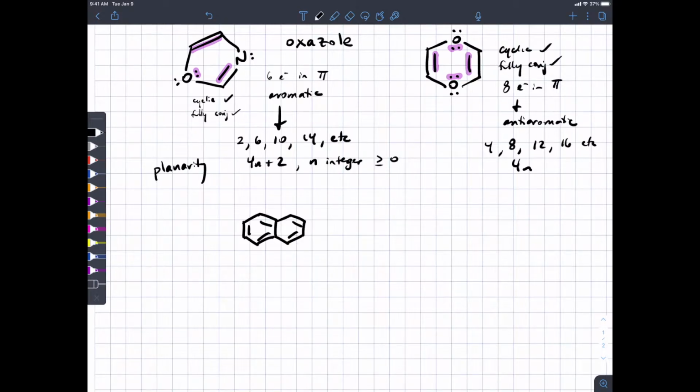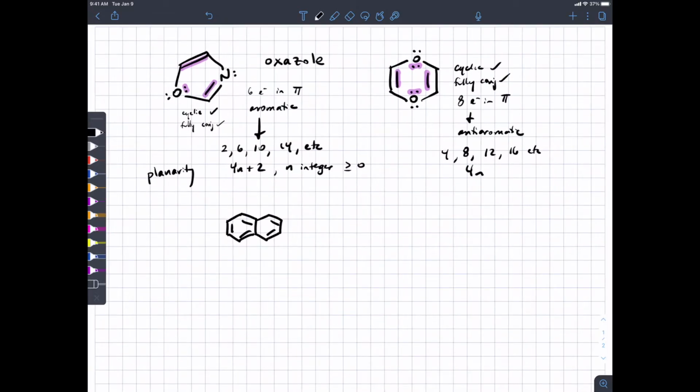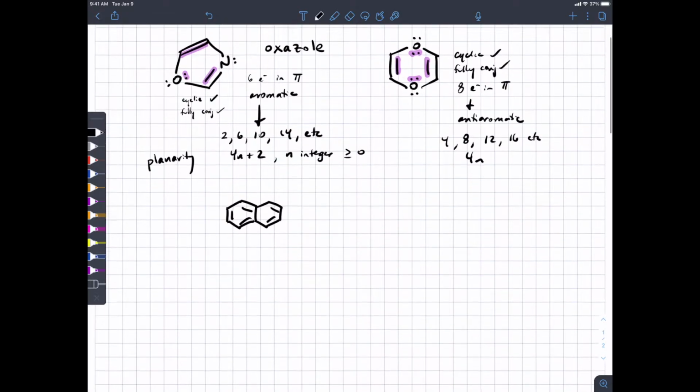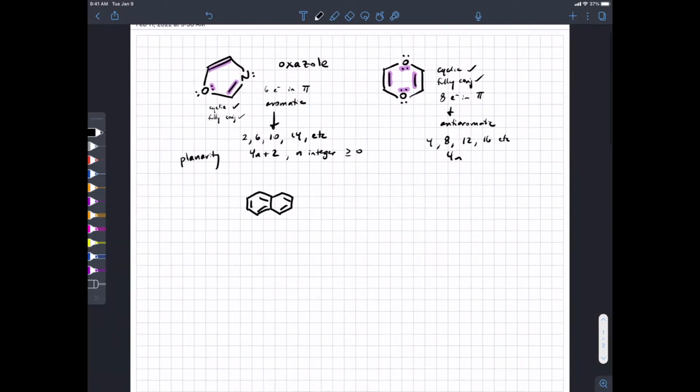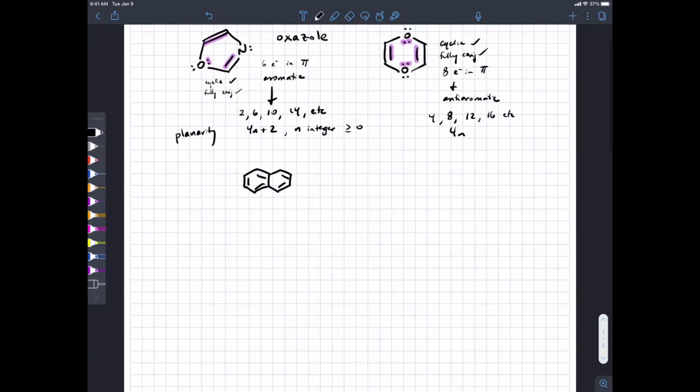Yeah? How do you know if the molecule is going to pucker or otherwise conform itself into a non-planar geometry? So the question is, I've alluded to situations in which a molecule, because it's anti-aromatic, will actually distort itself from planarity in order to avoid that instability. How do you know when that's going to happen?